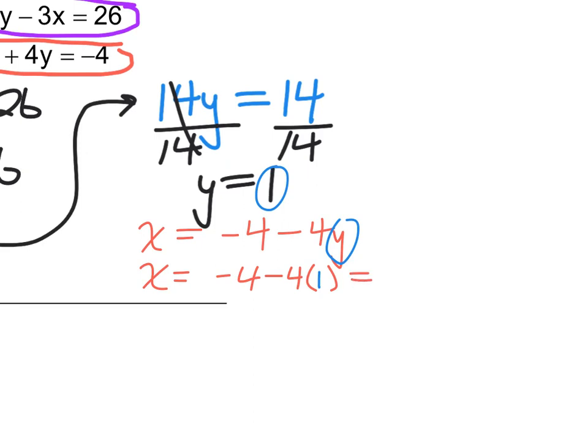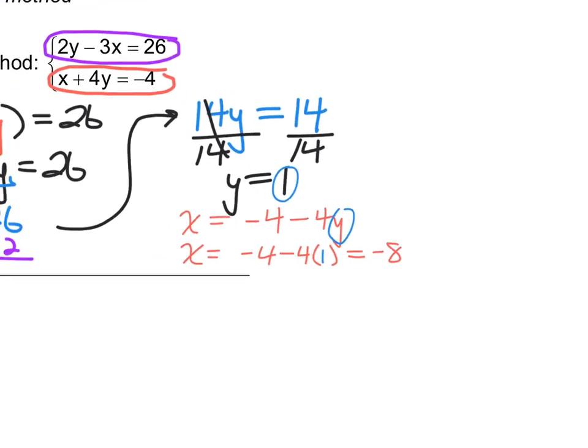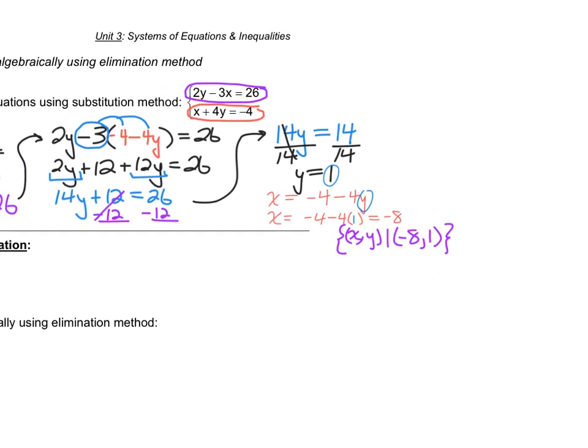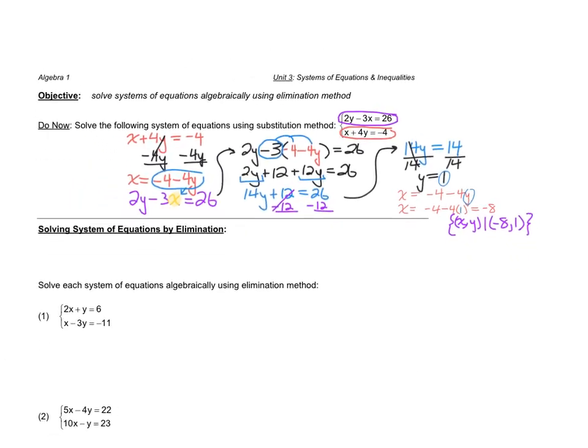All right, so we can simplify, and when we do, we get a negative 8. So we just want to state our final answer, and that would be that x and y are negative 8 and 1, respectively, meaning in that order. All right, so that's our solution.